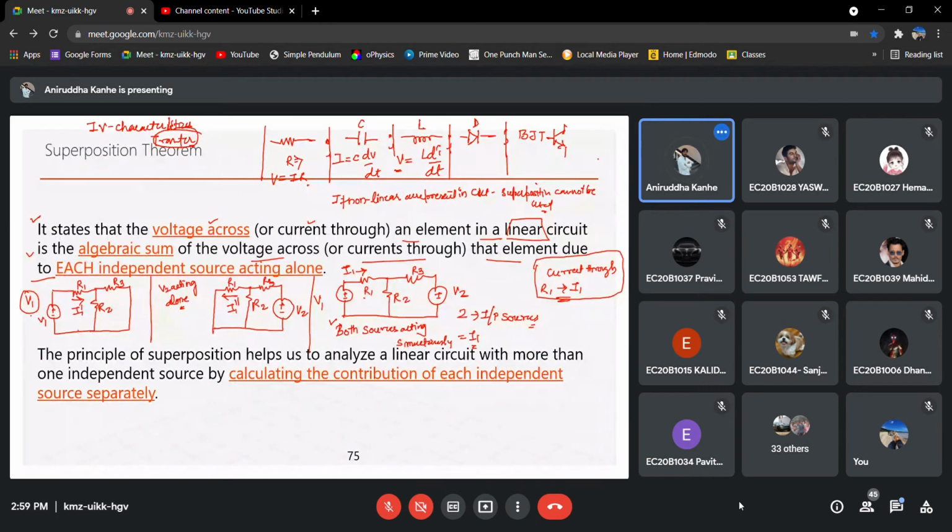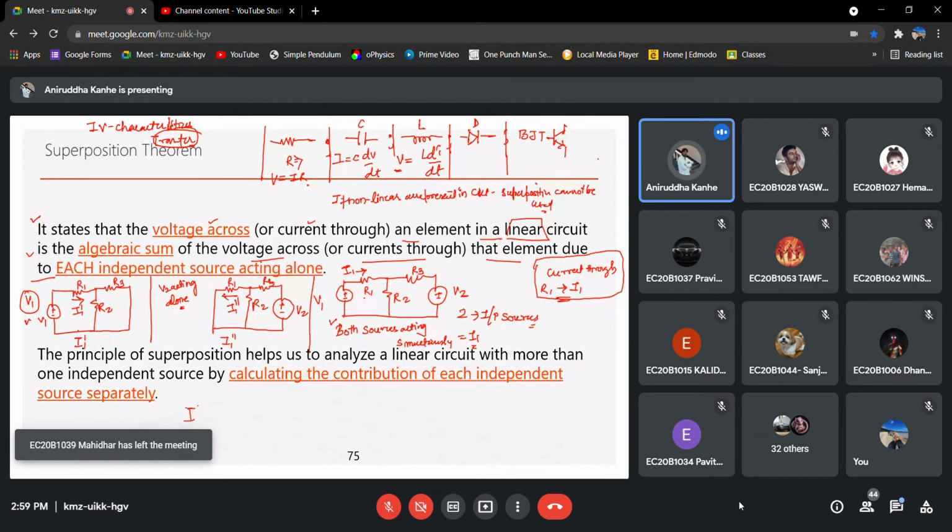Now you have to consider each source independently acting alone in the circuit. So this is the case when V1 is only there and the current through R1 is I1 dash, and the current through R1 when V2 is acting alone is I1 double dash.